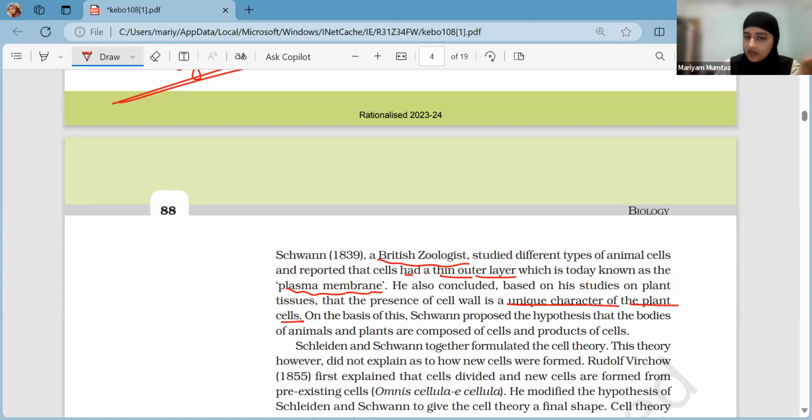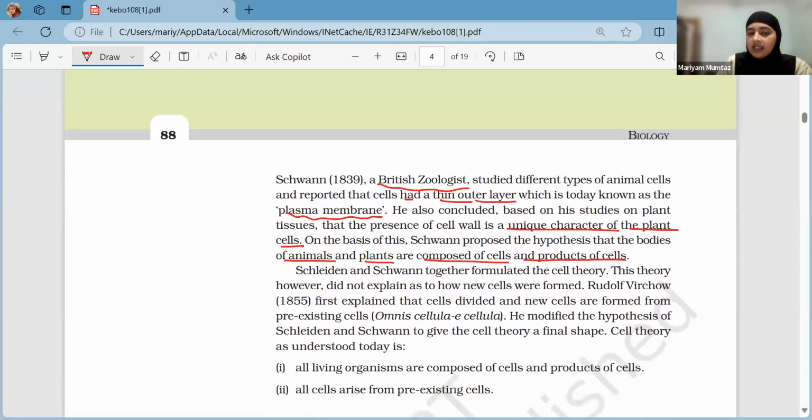On the basis of this, Schwann proposed the hypothesis that the bodies of animals and plants are composed of cells and products of cells. The different kinds of cells are only made from the initial cell. Then they came together and collaborated.